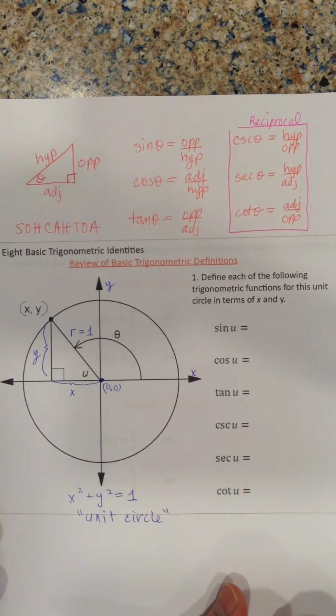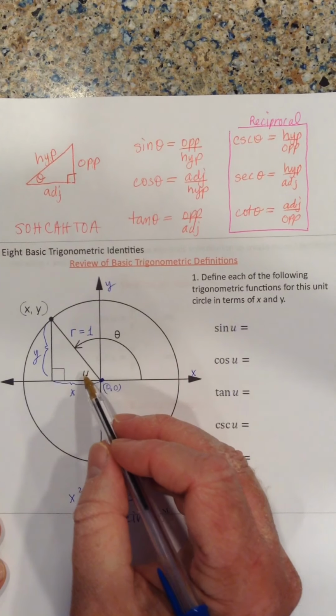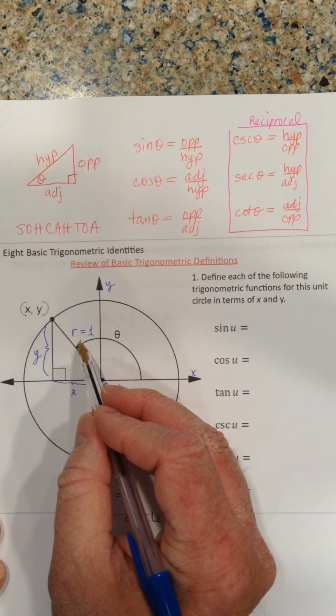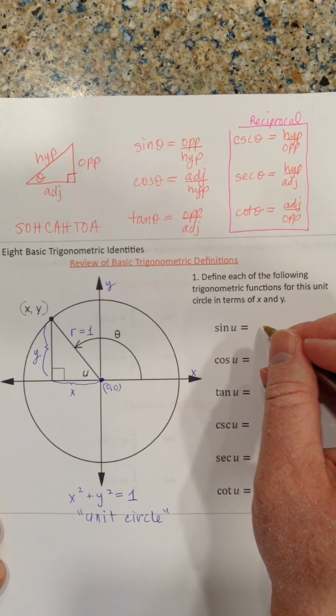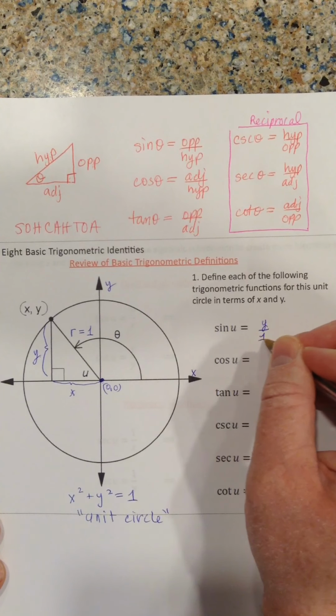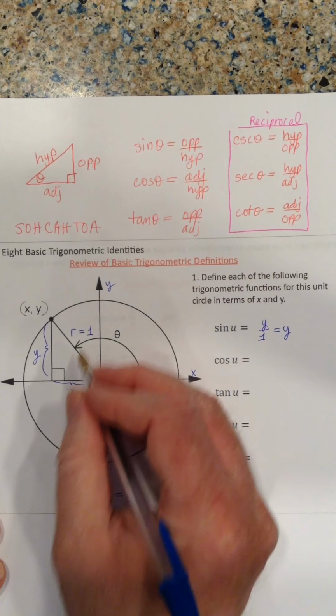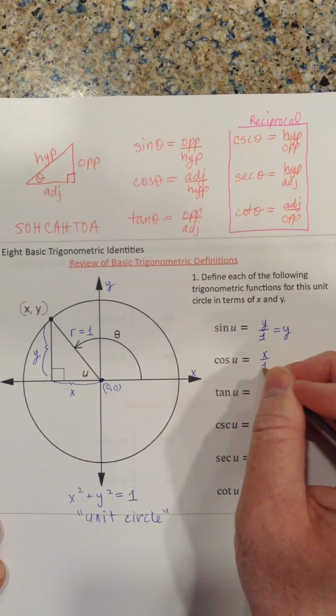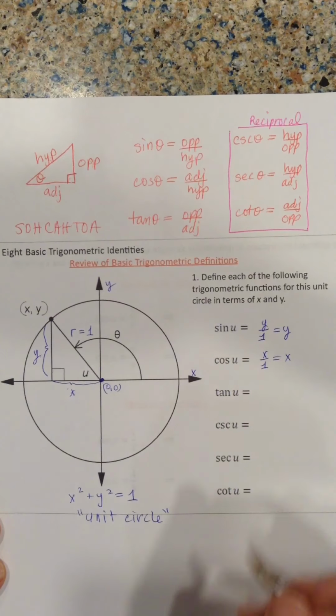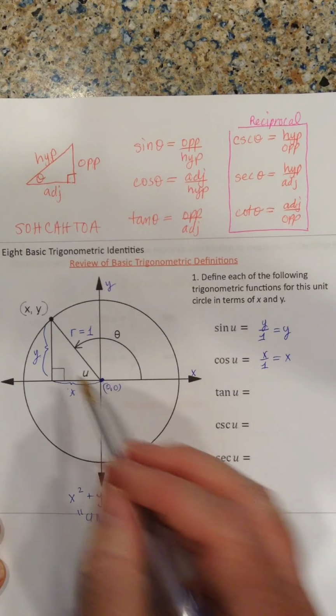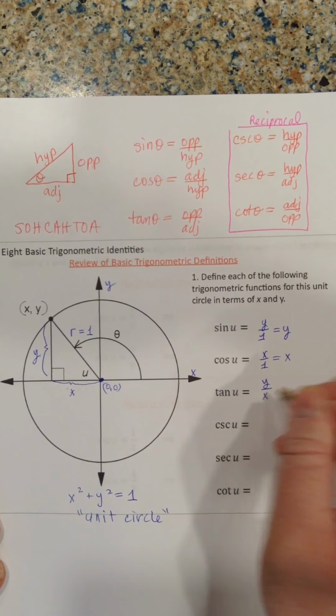Alright, so knowing that the sine of theta is opposite over hypotenuse, so opposite over 1, I get y over 1, or just y. Okay, cosine of theta is x over 1, which is just x. You get tangent of theta is opposite over adjacent, so y over x.